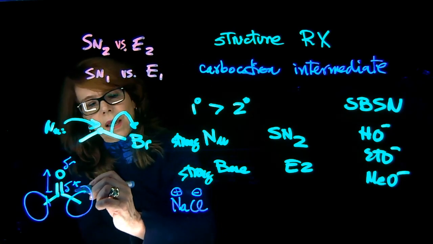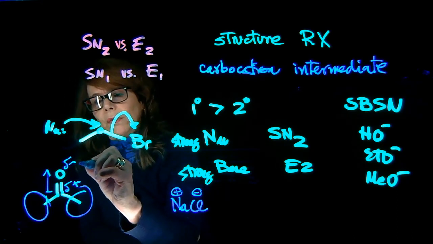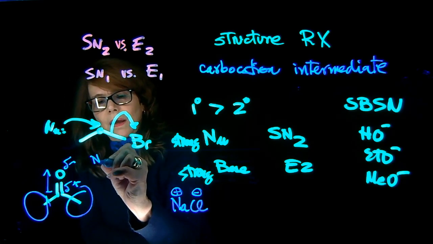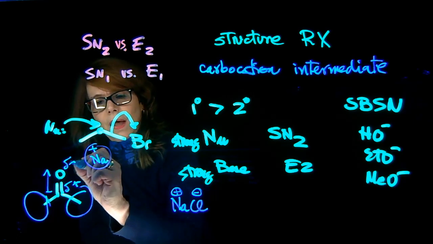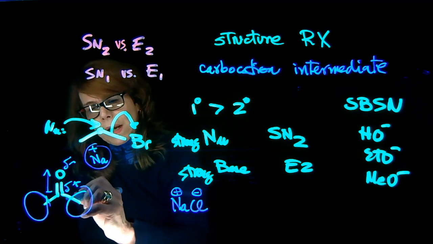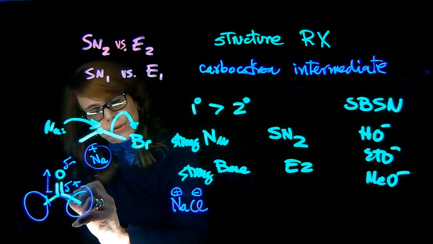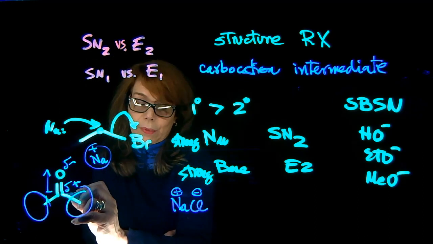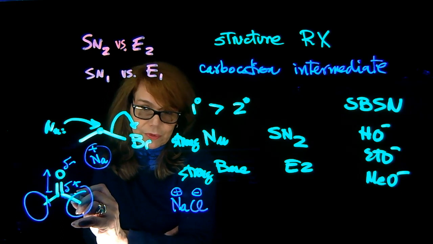But the polar aprotic solvents are able to stabilize the counter ion. So notice the different charges. The nucleophile can approach the carbon that here is delta positive. In other words, this negative can get close to this one.